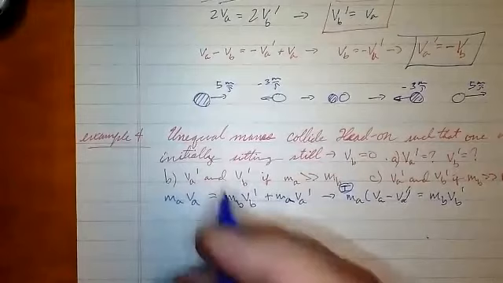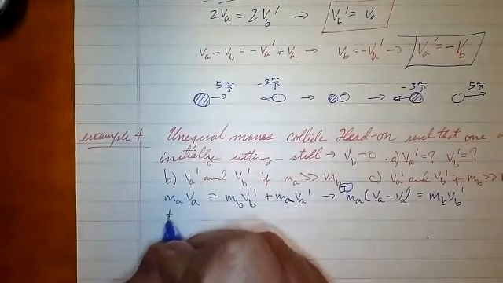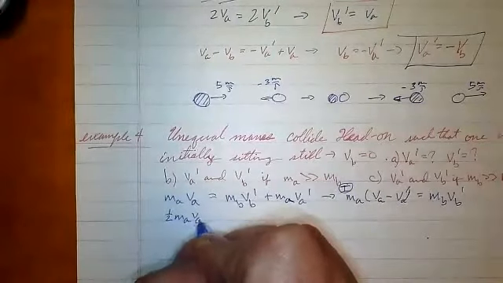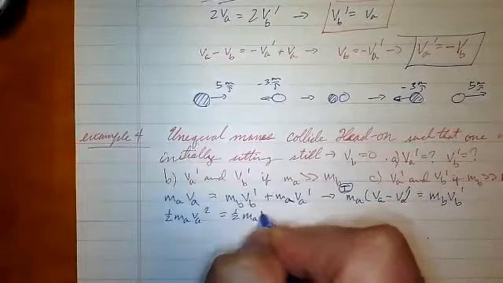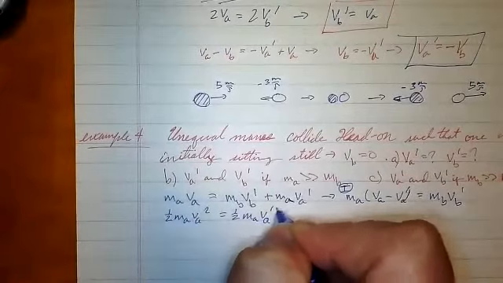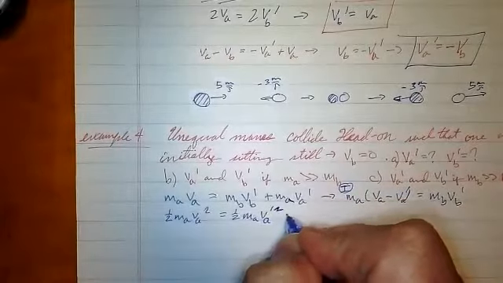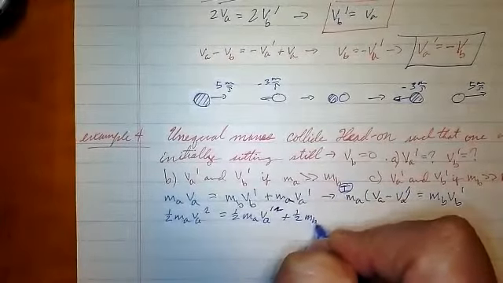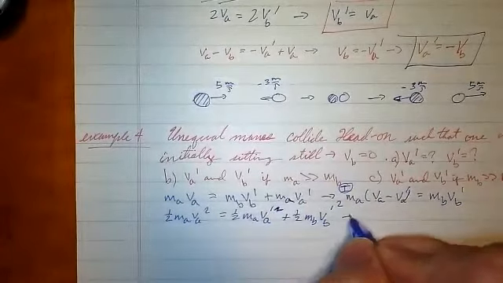Okay. And now I'm going to take conservation of kinetic energy. So 1/2 MA VA squared is equal to 1/2 MA VA prime squared, not to be confused with 12, plus 1/2 MB VB prime squared, again, not to be confused with 12.